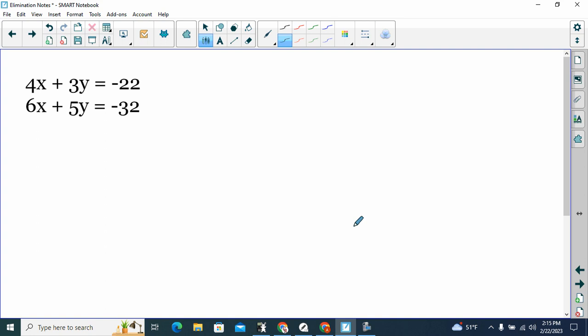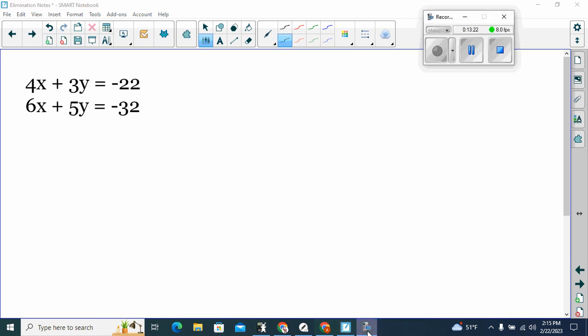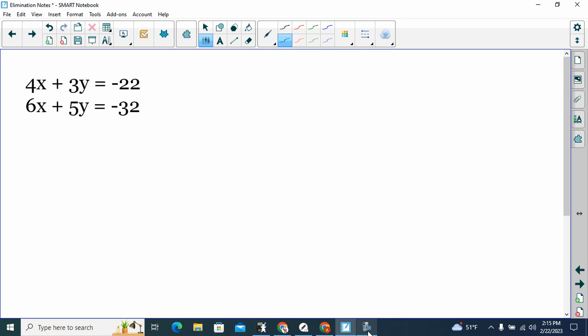Another one similar to the one we just did. 4x plus 3y equals negative 22. 6x plus 5y is negative 32. 4 and 6, 3 and 5, we want to make them either the x's or the y's the same thing.